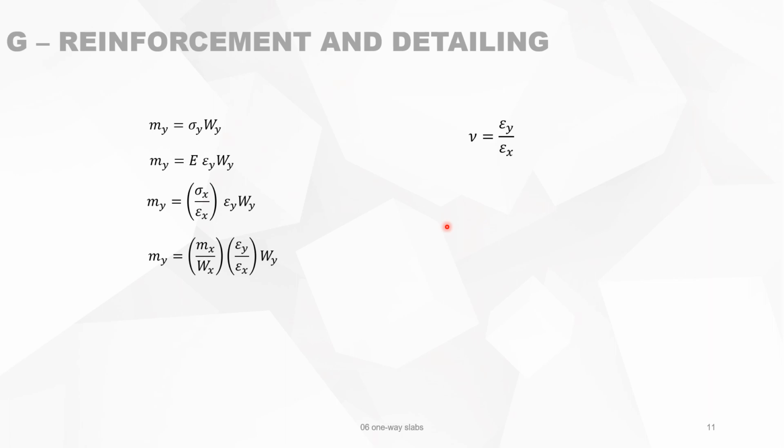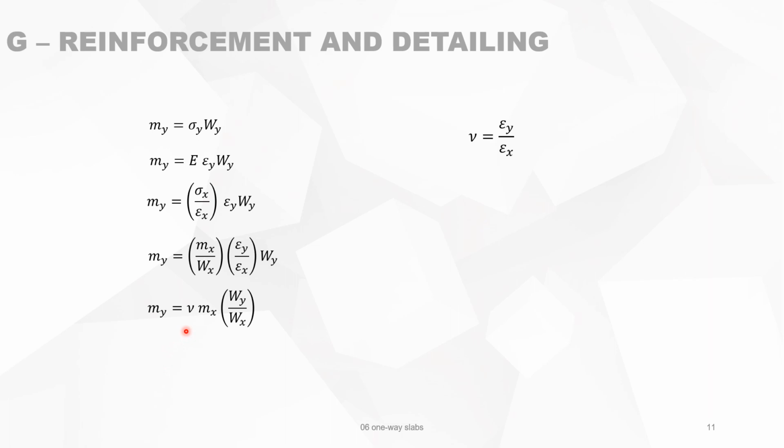We know that the coefficient of Poisson is the ratio of the strain in the y direction to the strain in the x direction.